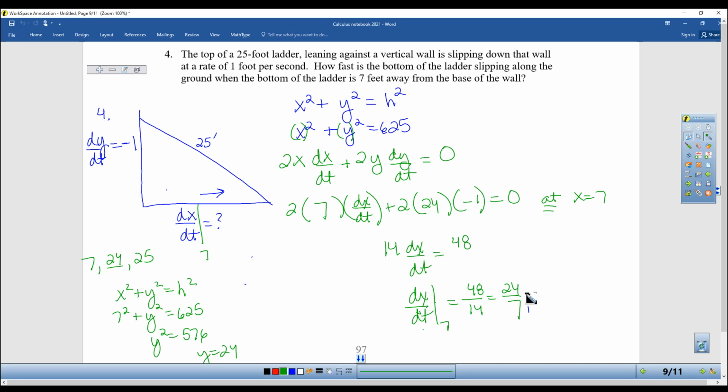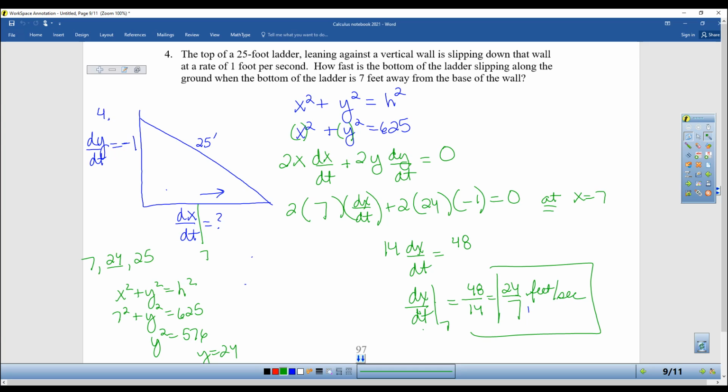It's a rate, so its unit would be feet per second. That's how fast, if it's falling at a rate of 1 foot per second, it's actually sliding away at a rate of 24/7 feet per second. So you can do it the traditional way, but this little implicit guy is a nice little workaround.